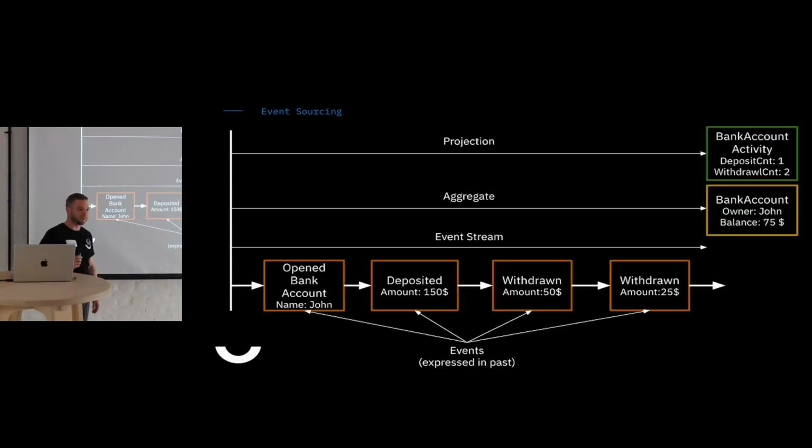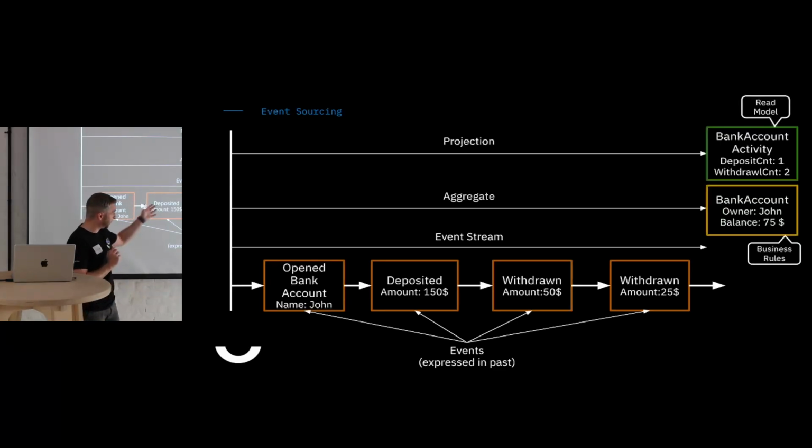And there is a significant difference, because on an aggregate, we use it to execute business rules. So maybe the balance is already 0 and the business rule says, okay, you cannot go below 0, so the next event gets discarded.